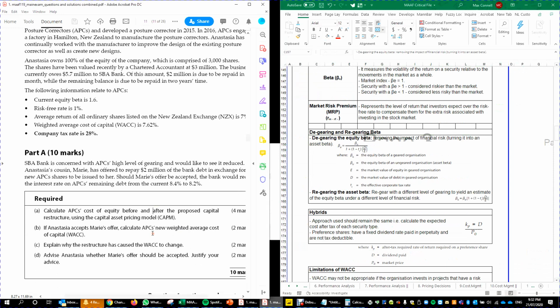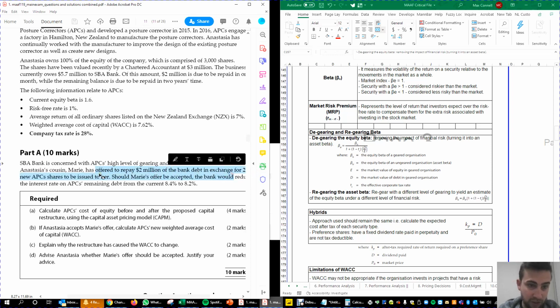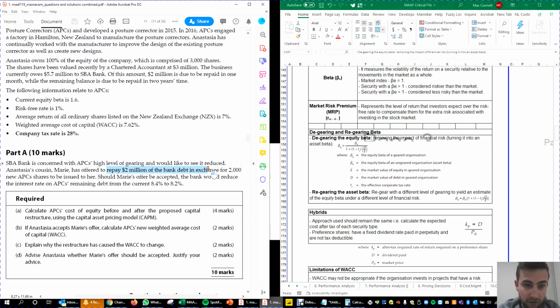Okay, so to calculate the impact after the capital transaction or the restructure, what that's referring to is basically once we change the debt and equity levels, which is what we're saying here. So Marie's offering to pay $2 million of bank debt in exchange for shares, 2,000 shares to be issued to her. So that's going to change the weighted average cost of capital.